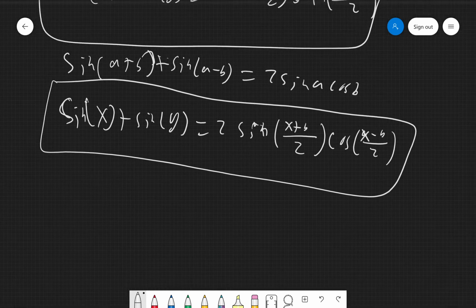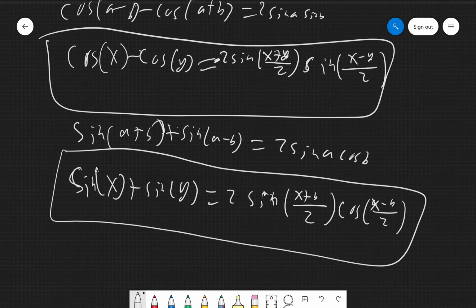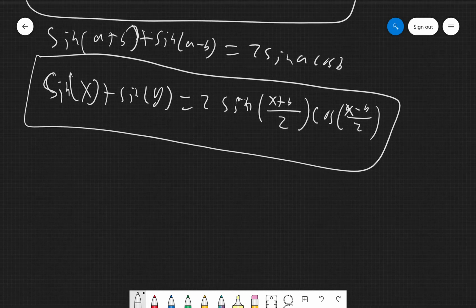I was saying earlier that I could do the pi minus approach, but that part was ugly because cosine of pi minus theta equals negative cosine of theta. But in this case, we know that sine of negative theta equals negative sine of theta, which is much easier and much simpler to deal with.